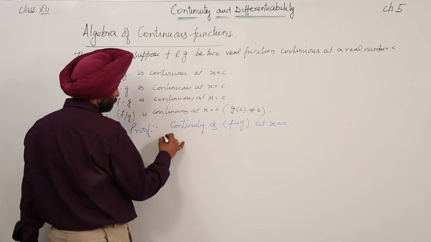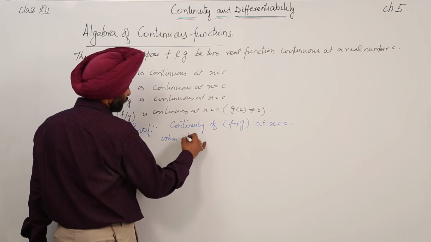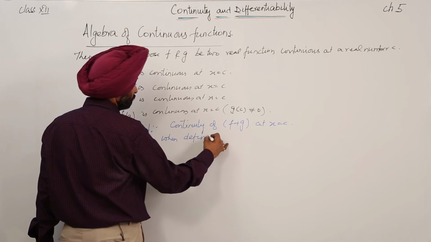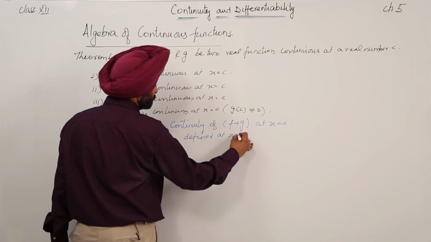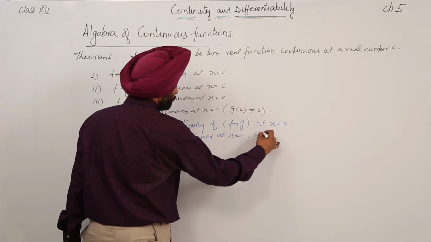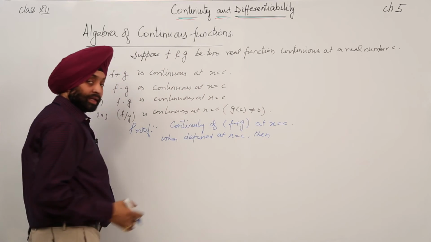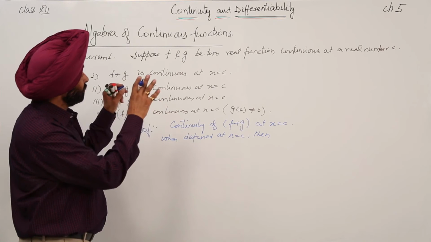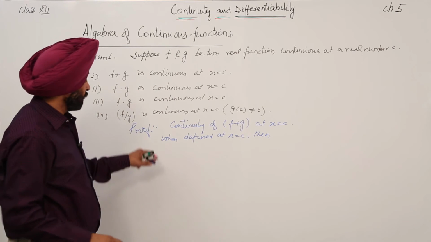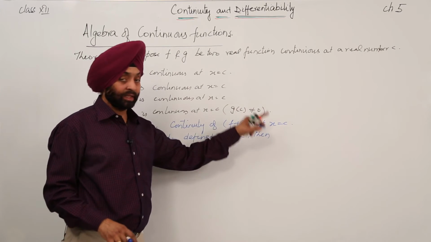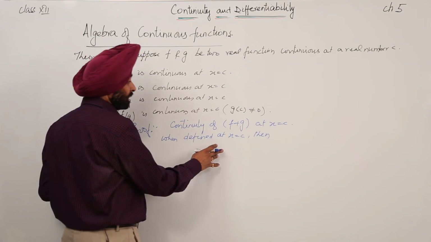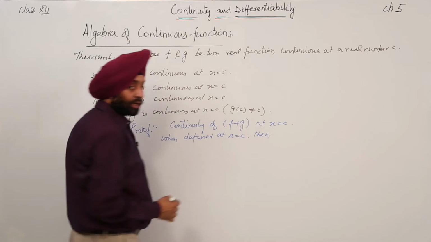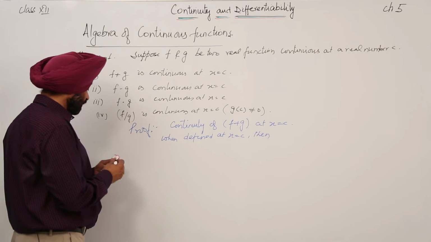Okay, so when defined at x is equal to c, already we are given that the function is defined. So for continuity of f plus g at x equal to c, when defined at x equal to c, then what can we write?